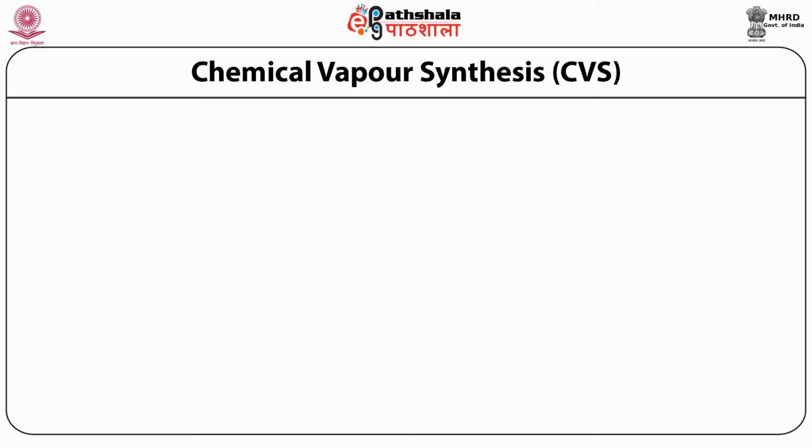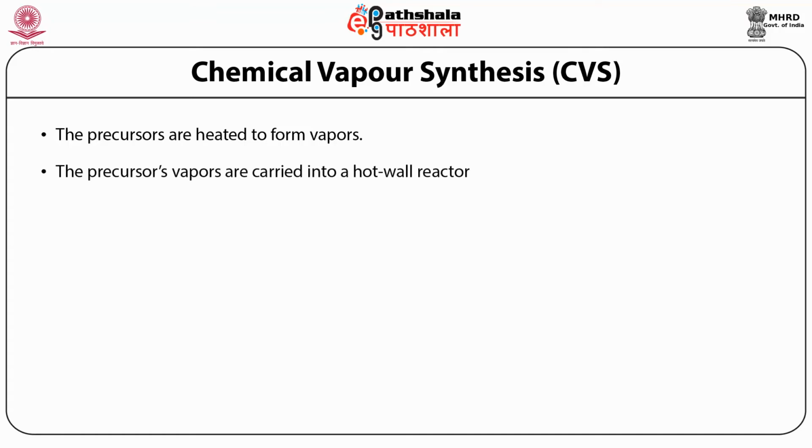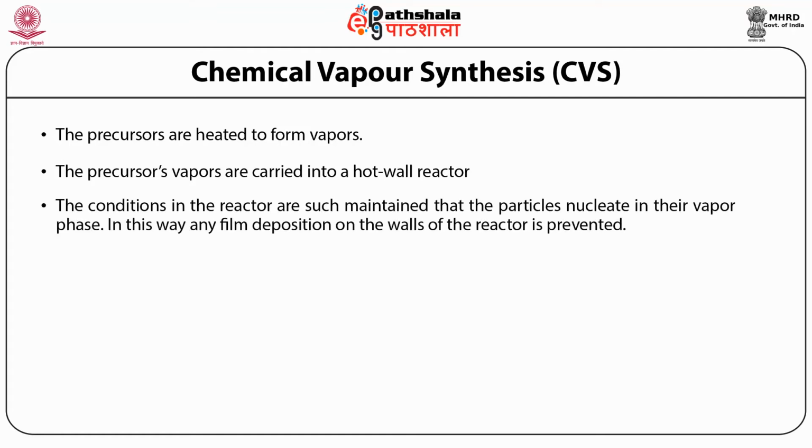Let us next discuss chemical vapor synthesis. The technique can be summarized as follows: first, the precursors are heated to form vapors. Then the precursor vapors are carried into a hot wall reactor. The conditions in the reactor are maintained such that the particles nucleate in the vapor phase.